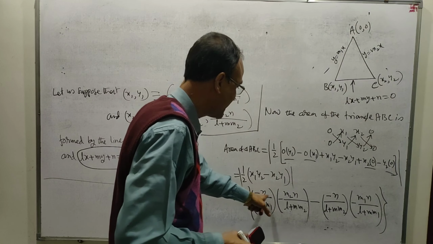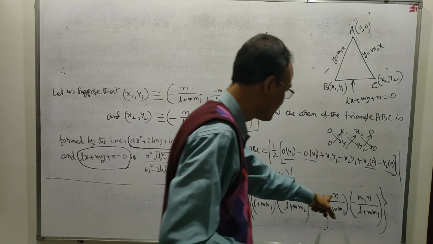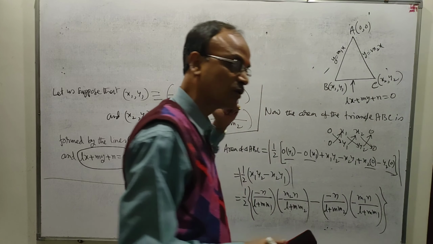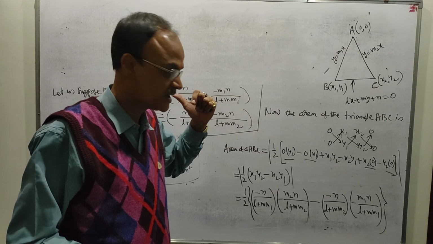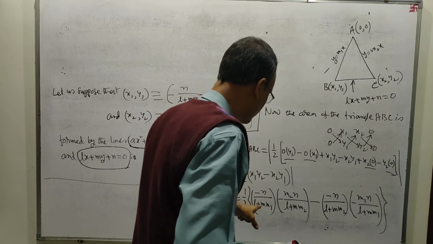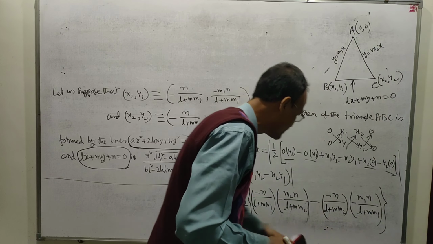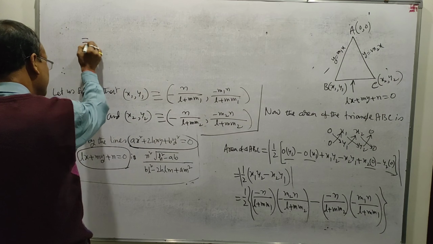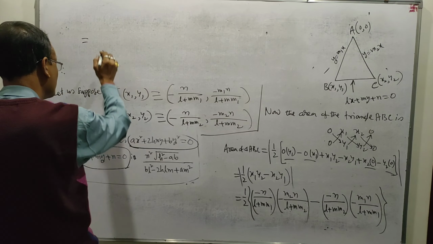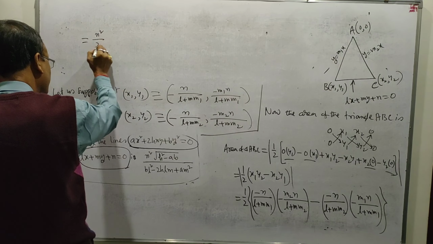What will this be? n into n square can be taken outside, taken common. (L plus m m1)(L plus m m2). You may write this is equal to n square by 2.